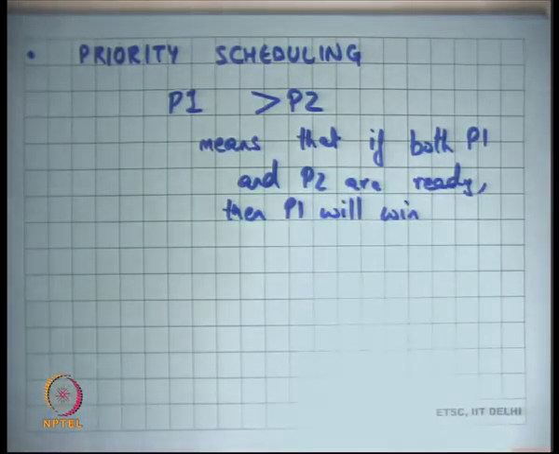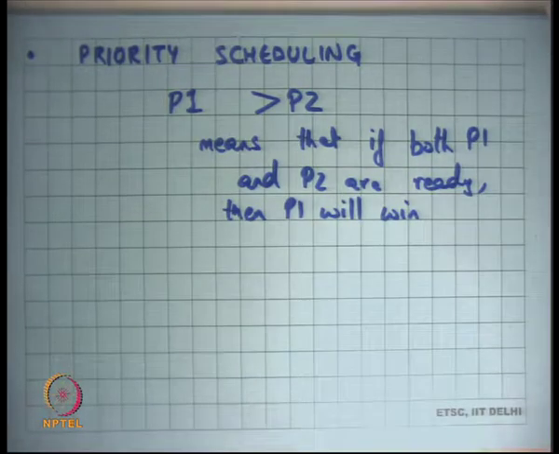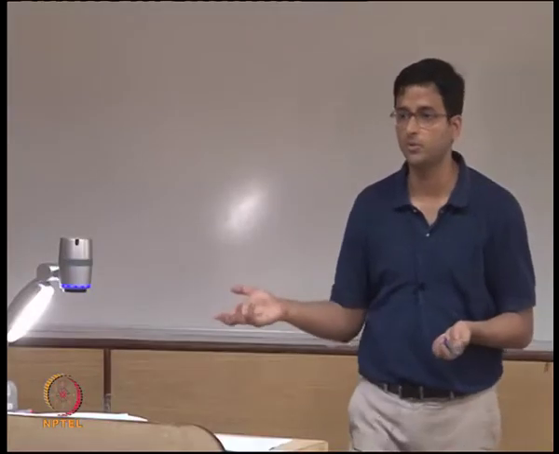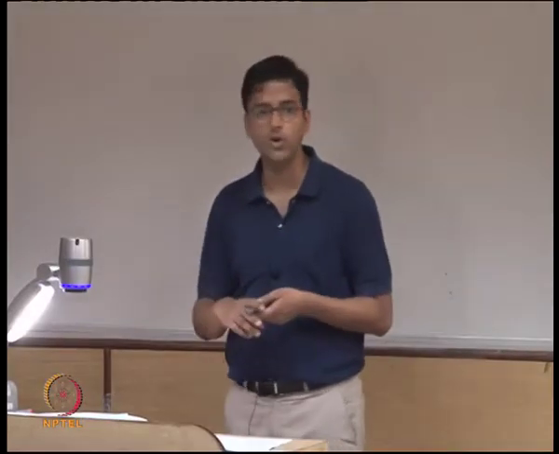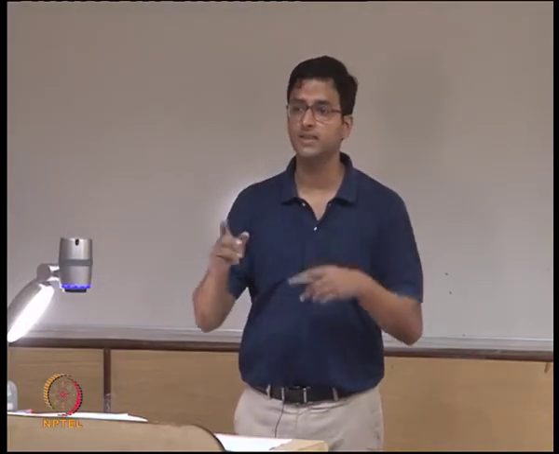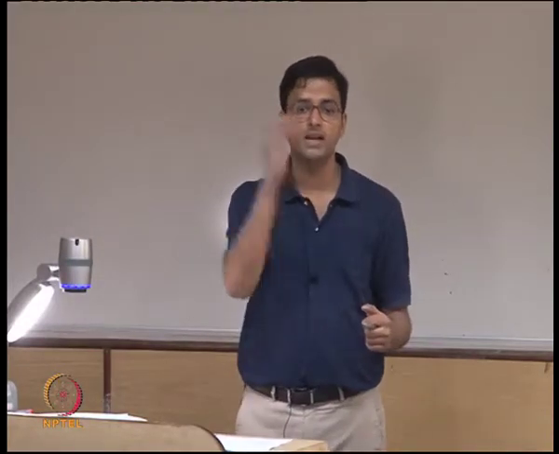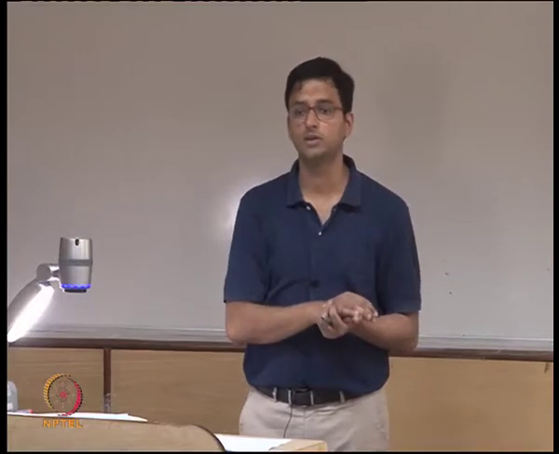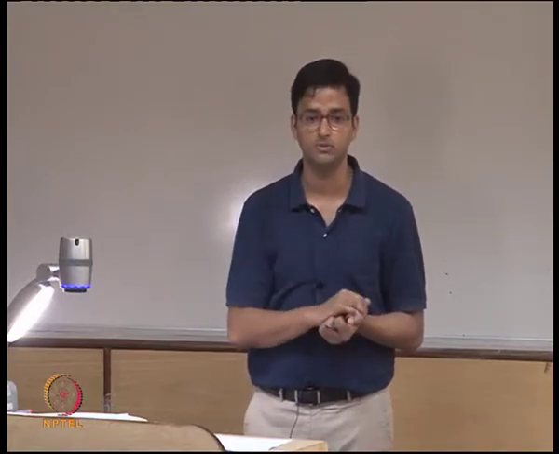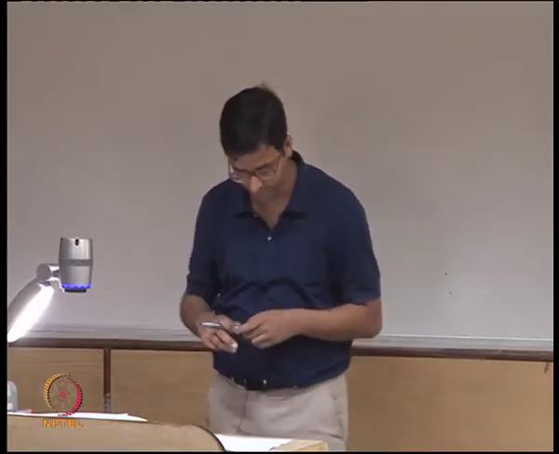Okay. So in the proportional share, it was just an average thing, basically P1 will get x times more CPU than P2, but priority scheduling is a strict priority. Basically it says if P1 and P2 both are ready, then I'll always give the CPU to P1 before I give the CPU to P2. Right? So that's a strict priority scheduling.